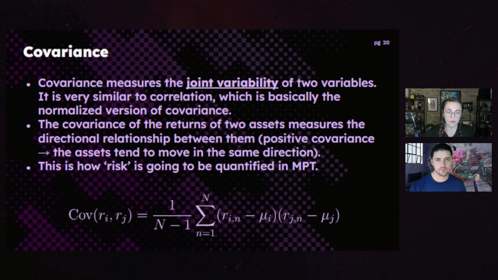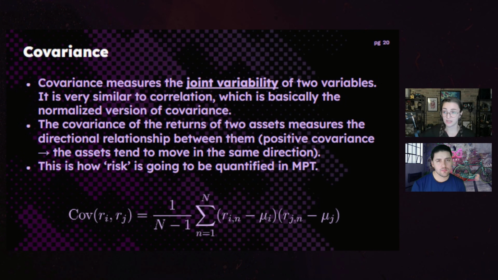This is how we're going to quantify risk. When we talk about risk, we talk about uncertainty, variance, variability, volatility. There are a lot of common themes between all of those words. And so covariance is how we're going to represent risk or volatility in this modern portfolio theory framework. It's a little bit confusing. I did include the math here. Volatility is standard deviation.